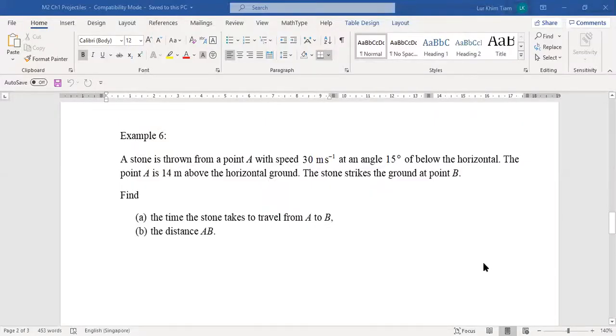Let us read it first. A stone is thrown from a point A with speed 30 meters per second at an angle 15 degrees. Sorry, there's a typo, 15 degrees below the horizontal. The point A is 14 meters above the horizontal ground. The stone strikes the ground at point B. Find the time the stone takes to travel from A to B, and then find distance AB.